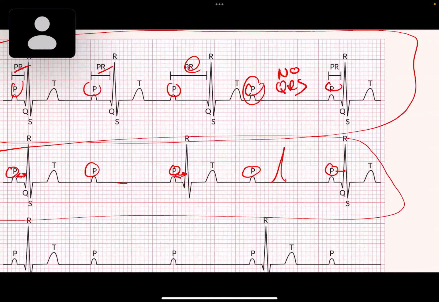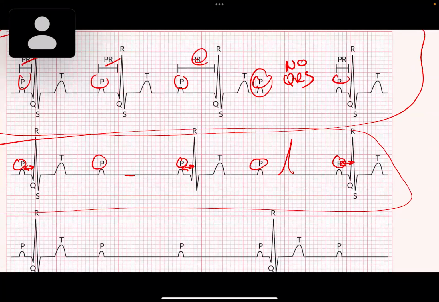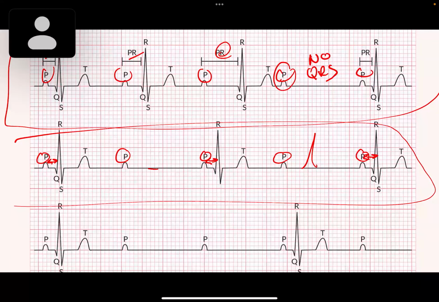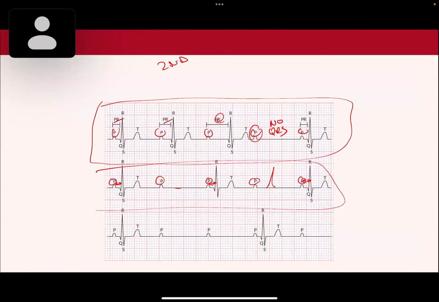And then another P wave with a normal PR interval. The two things we can conclude from this second part are that we have constant PR intervals, but sometimes we have no QRS complexes. So what degree and what type of AV block is this? Second degree and type 2. Exactly. So this is second degree and type 2.